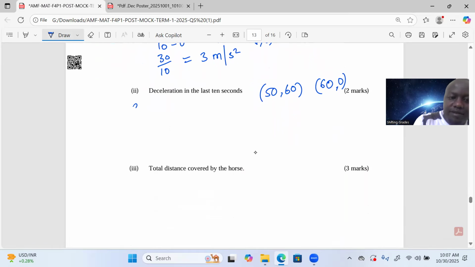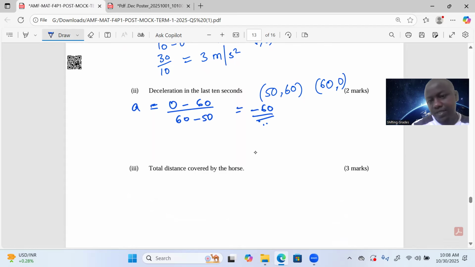So when we find acceleration here, we have 0 minus 60 over 60 minus 50. So this is negative 60 over 10, giving us negative 6 meters per second squared as the acceleration.